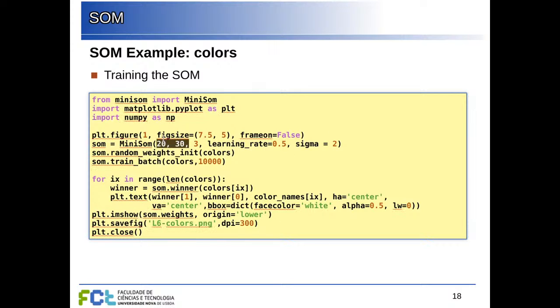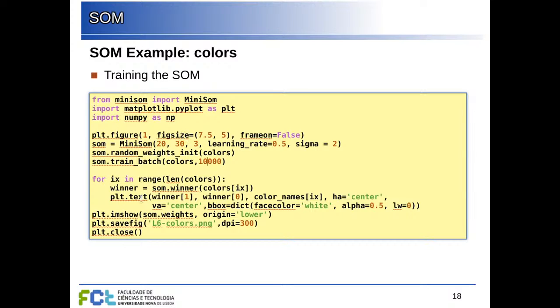So we have 600 neurons in total in this 2-dimensional array. And we're going to randomize it initially using this dimension for our colors. And we're going to train by giving our colors and doing lots of iterations, so 10,000 times going through all these colors.